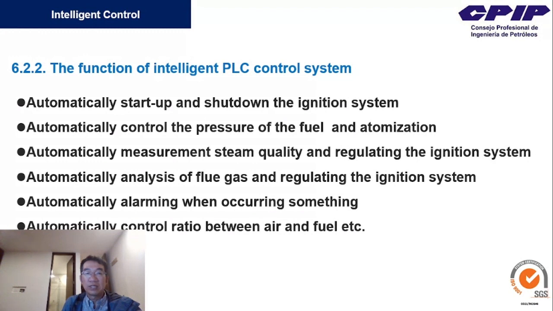Automatically measure steam quantity and regulate the ignition system. Automatically analyze fuel gas and regulate the ignition system. Automatic alarming when something occurs, and automatic control of the ratio between air and fuel, and so on.